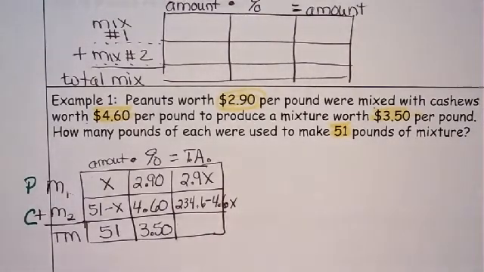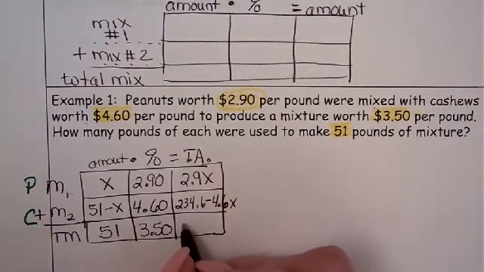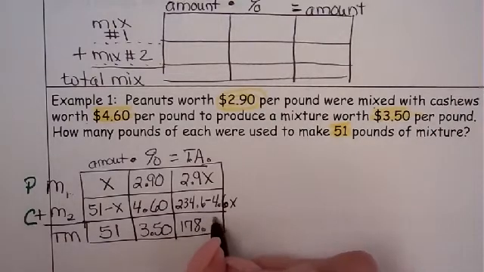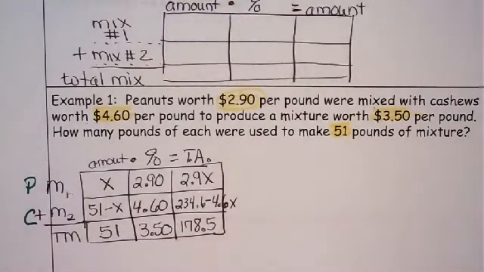Next time I remember to make my table bigger. Now, let's multiply across the bottom. 51 times 350 comes up to be 178.5.